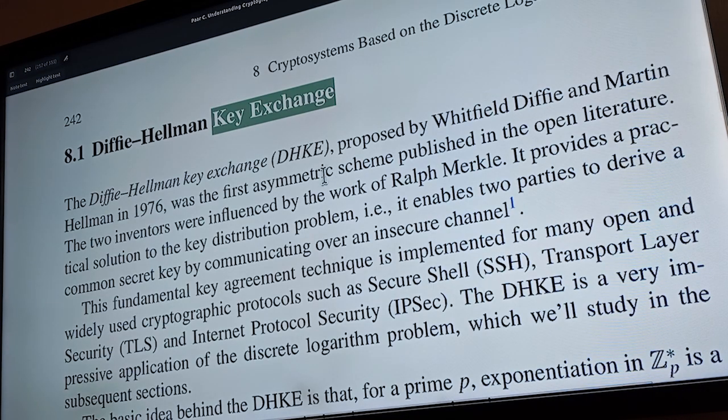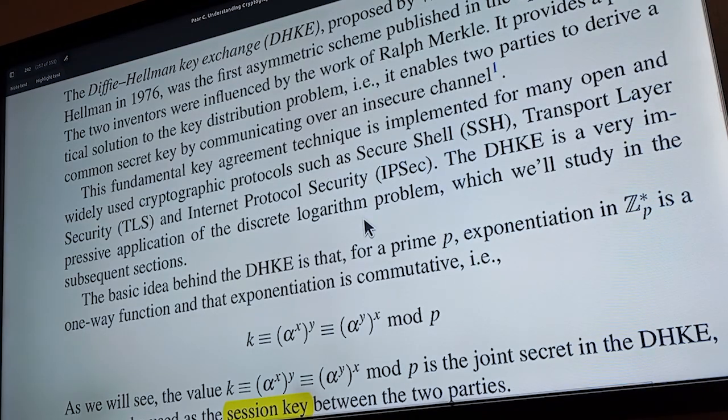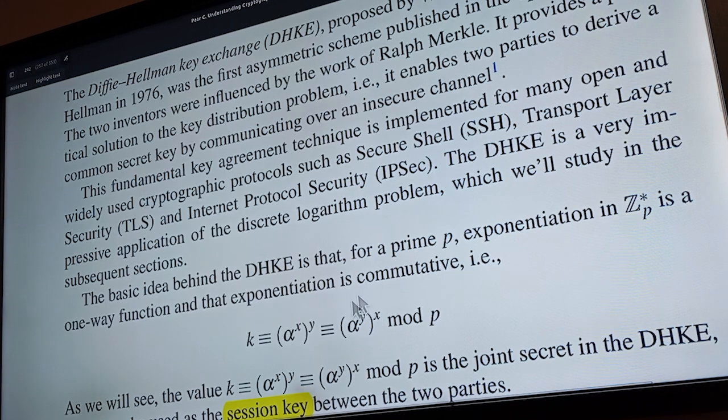So Whitfield Diffie and Martin Hellman in 1976 came up with this very profound idea. The idea is that we could have this kind of computation, exponentiation, where commutativity was possible.